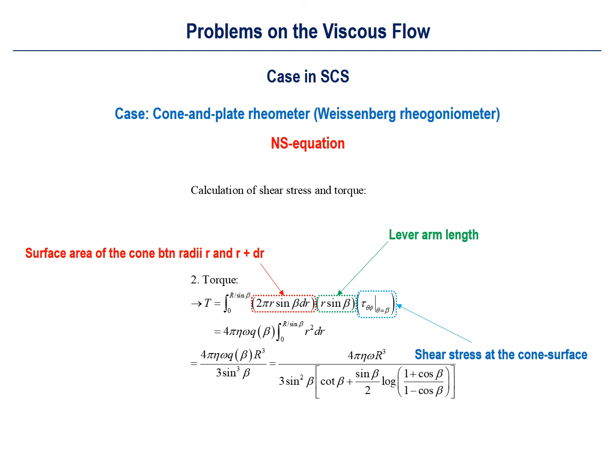So if you experimentally measured the value of the torque or mechanical torque using some sensors, you will find the value of the viscosity if the other values are known or measured. So this is the basic principle of the cone and plate rheometer for measuring the viscosity.